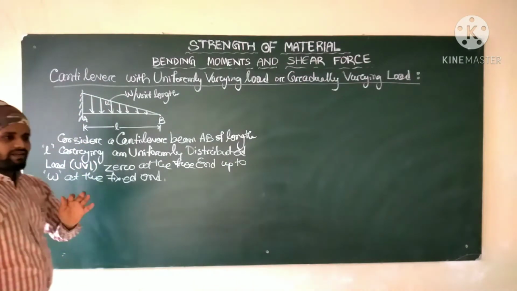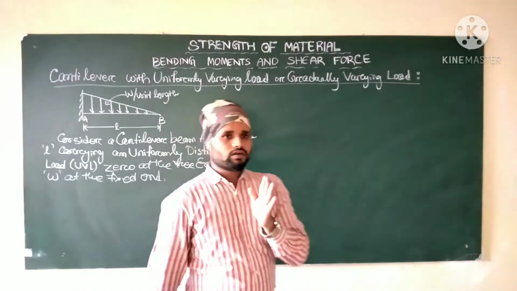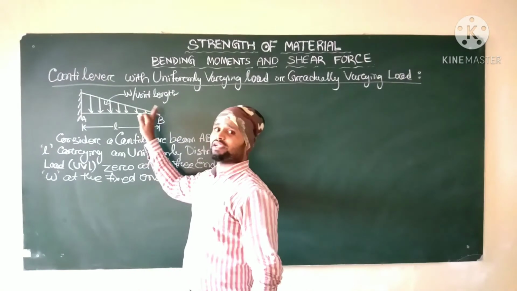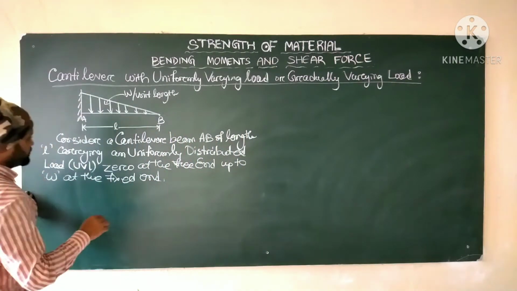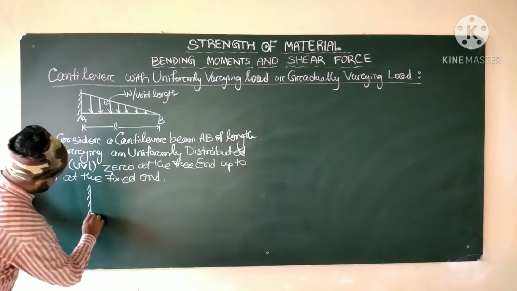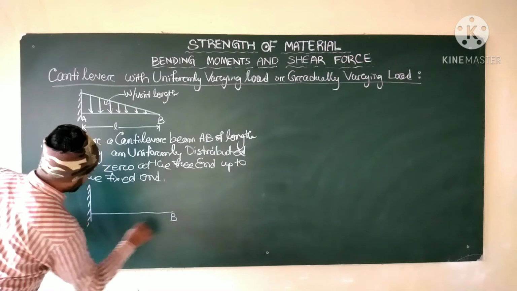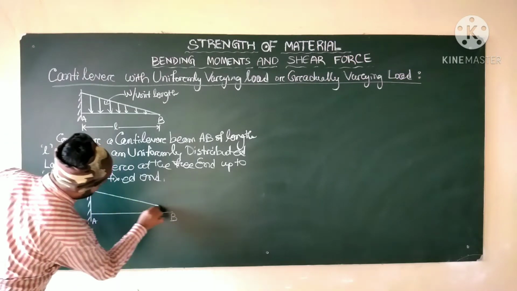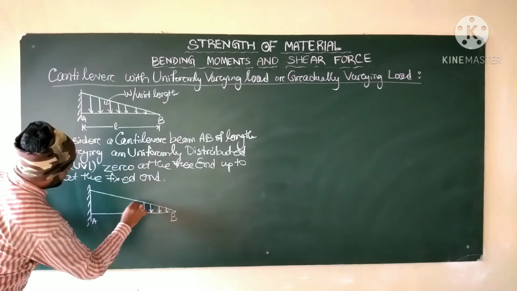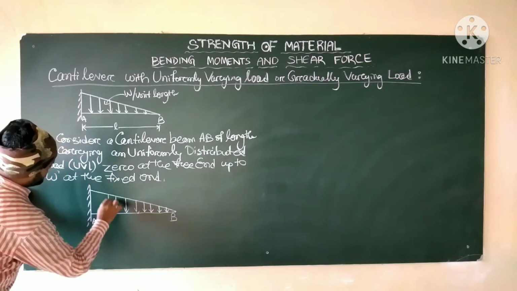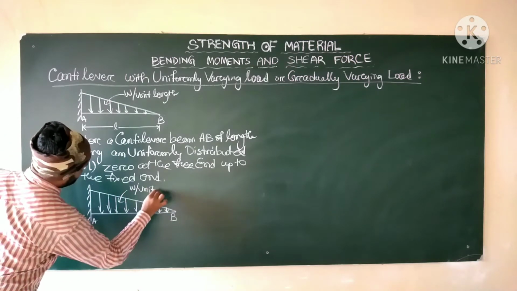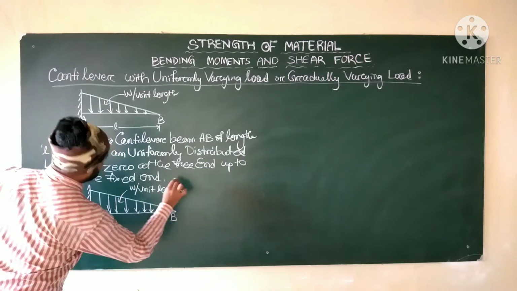So now we will calculate the basic formula for shear force and bending moment at some distance. Again we will draw the free end and the cantilever beam AB. Here is the uniformly varying load UVL. This amount is small w per unit length.